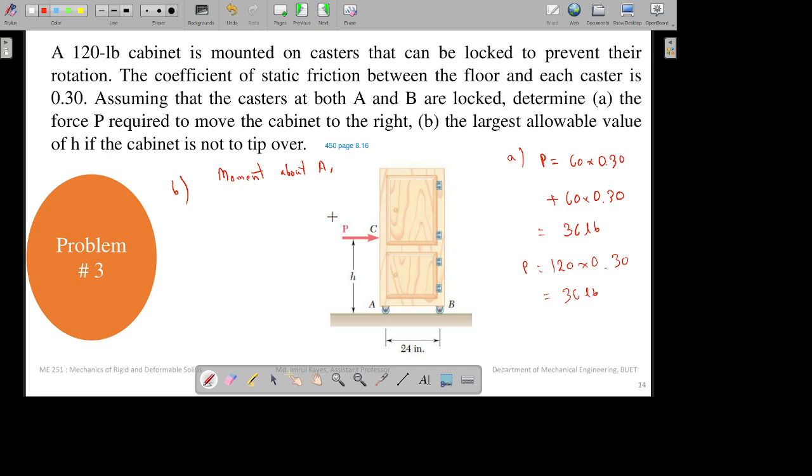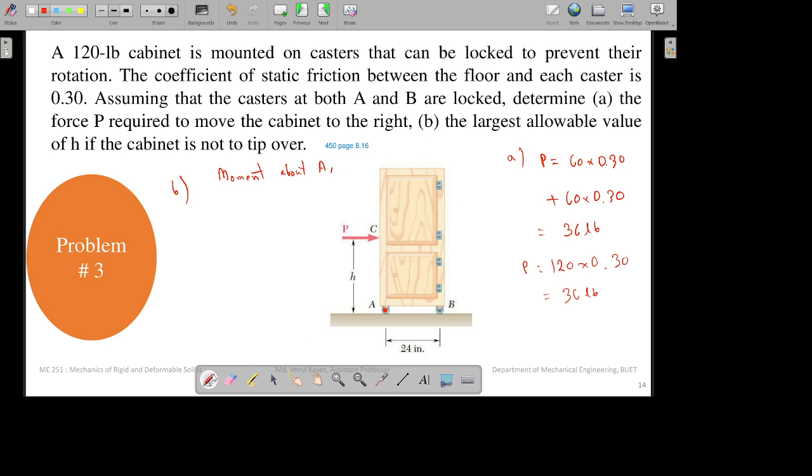So if I try to find the moment about A, what are the forces? One force is over here. The friction forces can now be neglected because their moment will be equal to 0. So one force over here and the other force, which is the normal force.